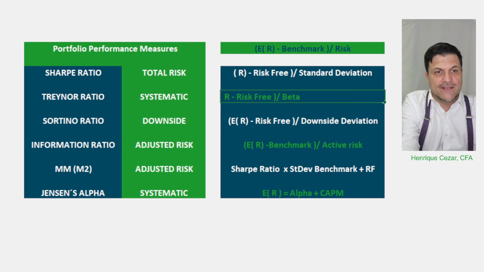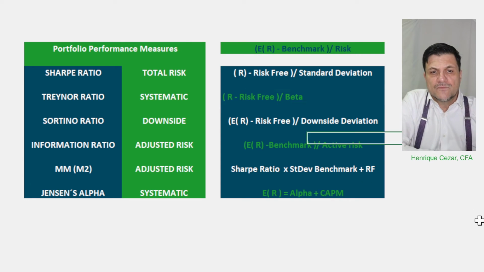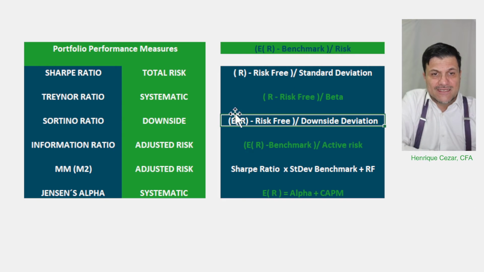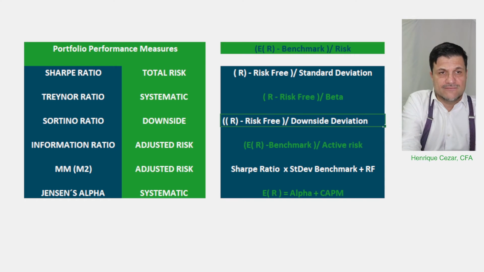Now, the Treynor ratio, it's very similar, right? It's again the return minus the risk-free, exactly as the Sharpe, but now I'm dividing by beta, right? The Sortino ratio, same category, right? Let's put that one there.